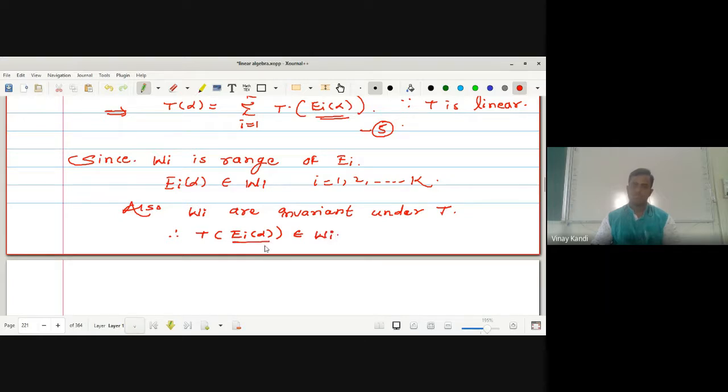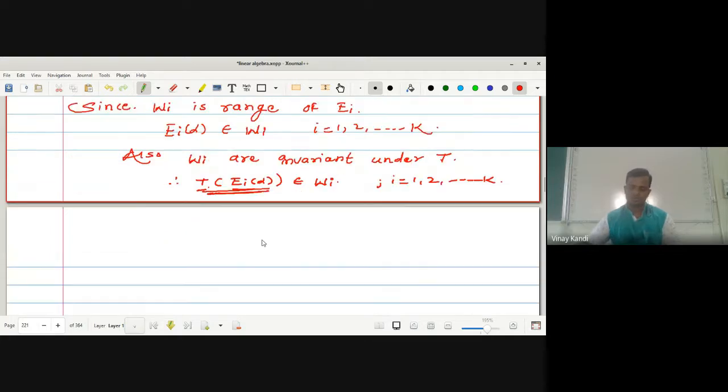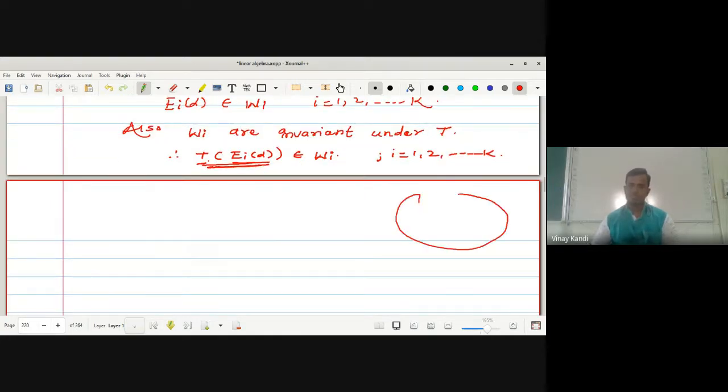Because this Ei of alpha belongs to Wi and Wi is invariant under T. So this means the T image of Ei of alpha also belongs to Wi, for i from 1 up to so on k. Now where is this vector? In Wi. Look at here, this is T of Ei of alpha.